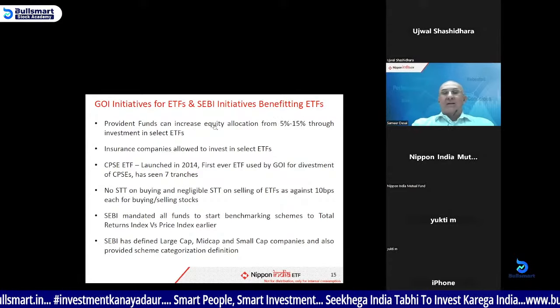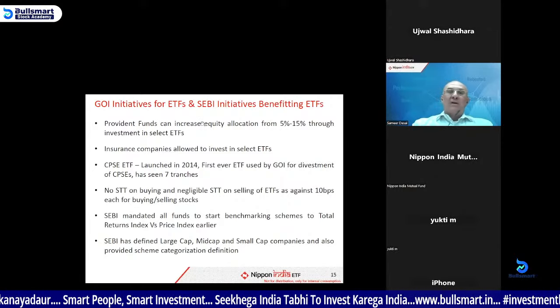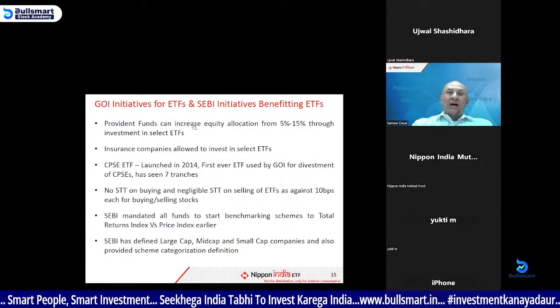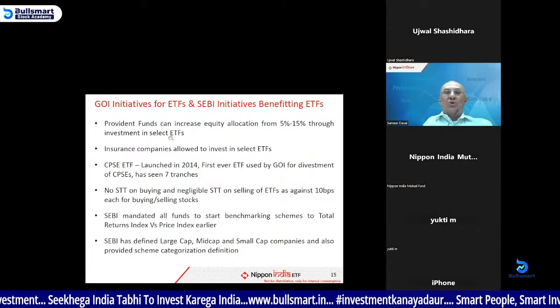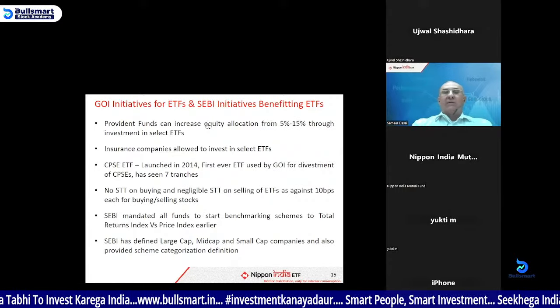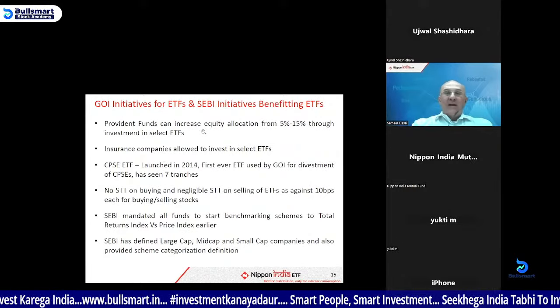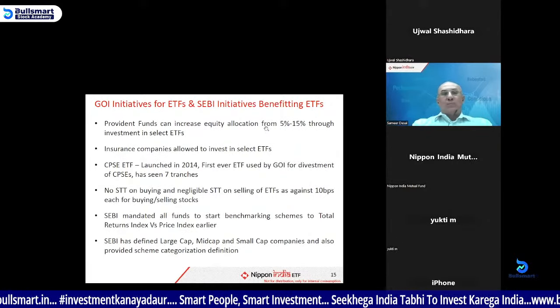As a result of this government mandate, the EPFO, or the Employees Provident Fund Organization of India, which is a large pool of money, decided to take equity exposure via the ETF route. They understood the advantages of the index investing route and hence decided to adopt ETFs for equity exposure.